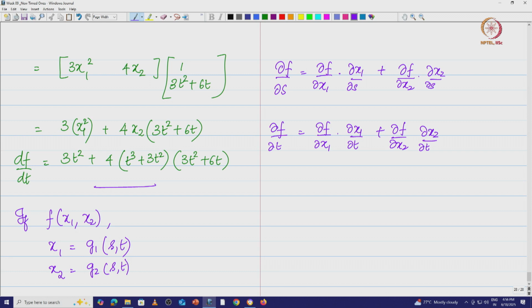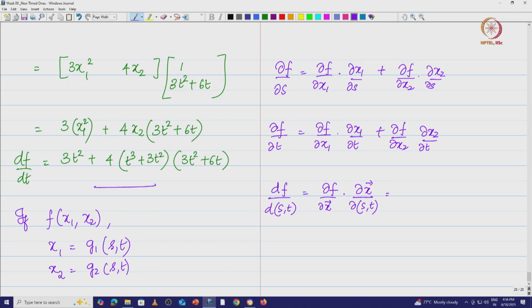How does this look? df by d of s comma t is dou f by dou x vector into dou x vector divided by dou of s comma t.